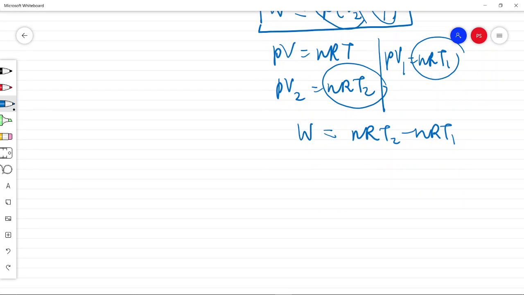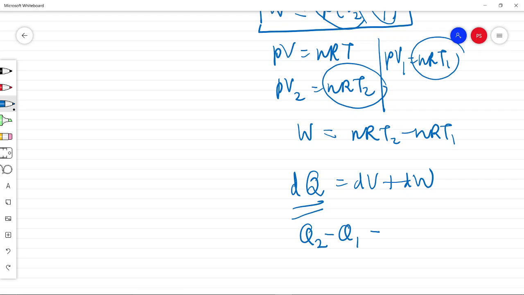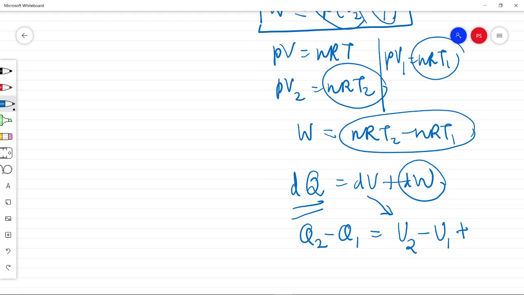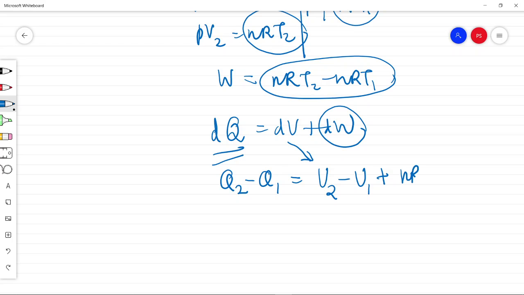And we note here that dQ is dU plus dW, right? So dQ is the change in heat, Q2 minus Q1. dU is the change in internal energy, U2 minus U1, plus dW is the work done, which in this case is nRT2 minus nRT1.